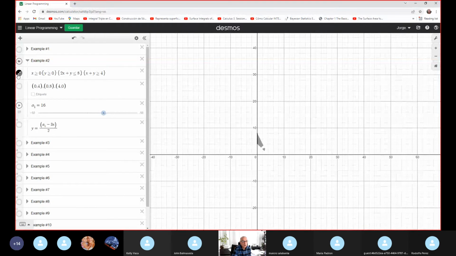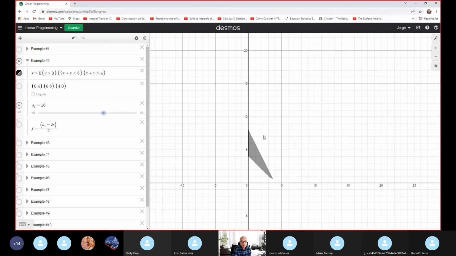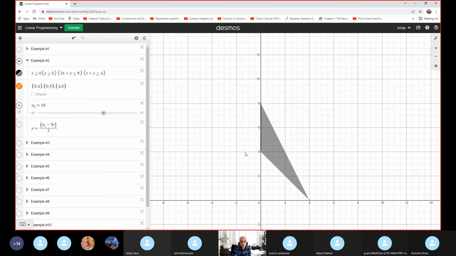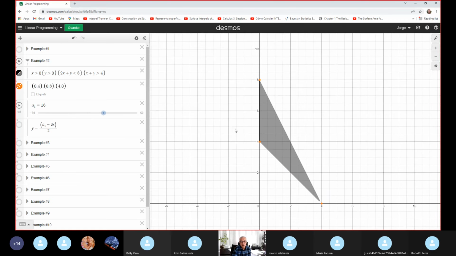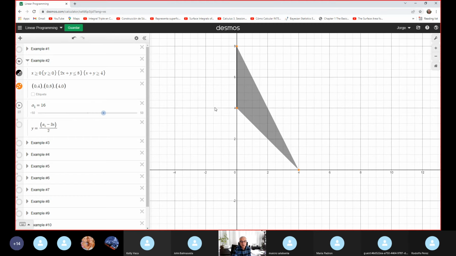This is the solution for the inequality, and it represents a triangle again. And the corners are 0,8, 0,4, and 4,0.